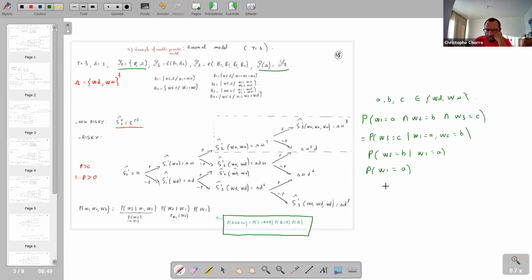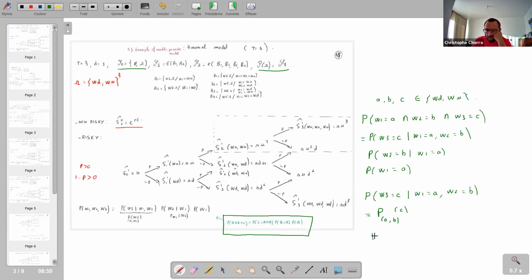So it's the classical decomposition of a probability on a set having 3 components, using conditional probabilities. And in fact, I introduce notations for these probabilities. I will denote the probability that W3 is equal to C given W1 is equal to A and W2 is equal to B as P of A, B, C, a conditional probability.